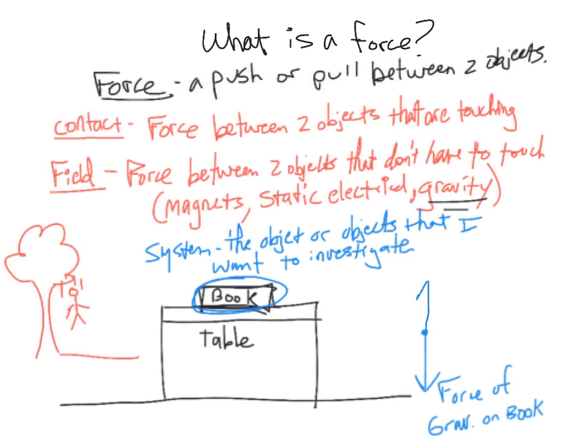Like how big of a force is it? I can't tell if I made it the same size or not, but I'm going to tell you it's the same size. The table doesn't push any harder on the book up than what gravity pulls on the book down. We would call that balanced. Do you agree with that and understand that?